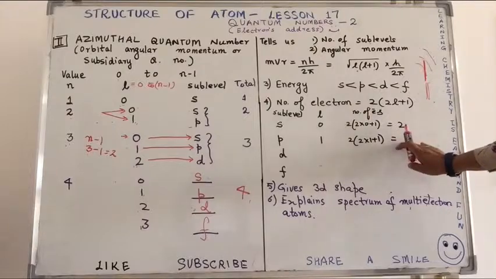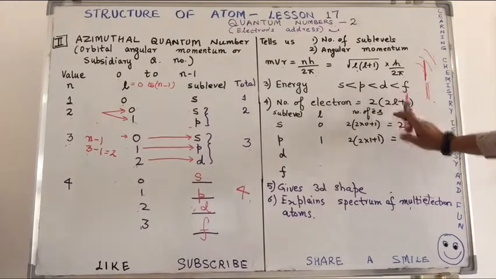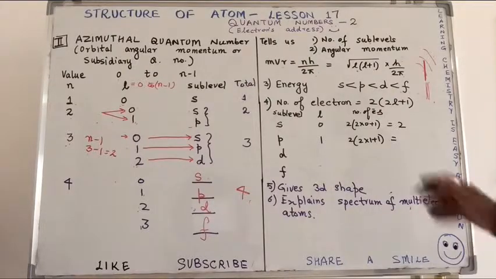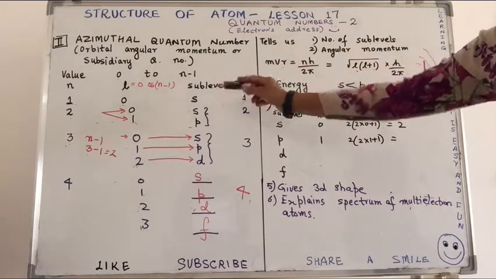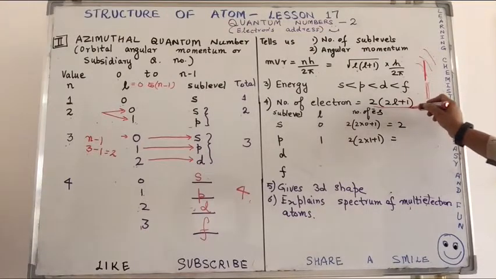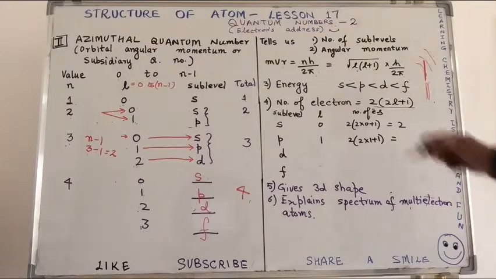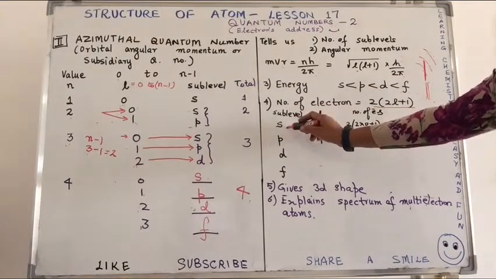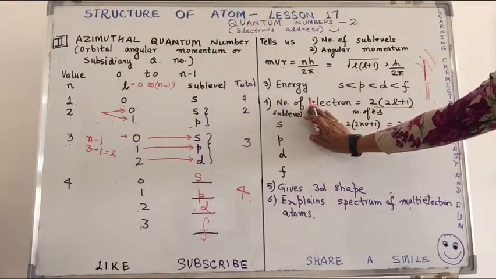The quantum number also helps us to define how many electrons will occupy a particular sublevel. How can we calculate that? By the formula 2 into 2L plus 1. Sublevel S means the value of L is, come on, make a guess.